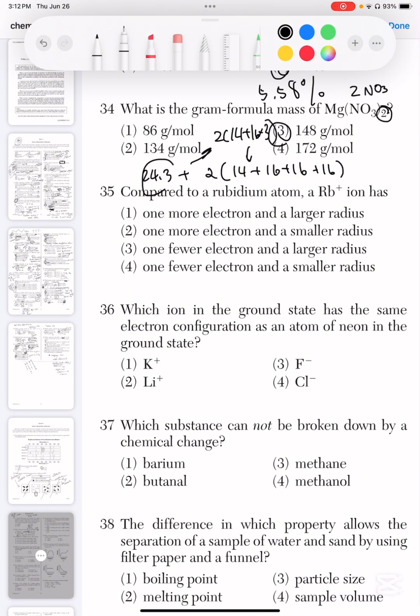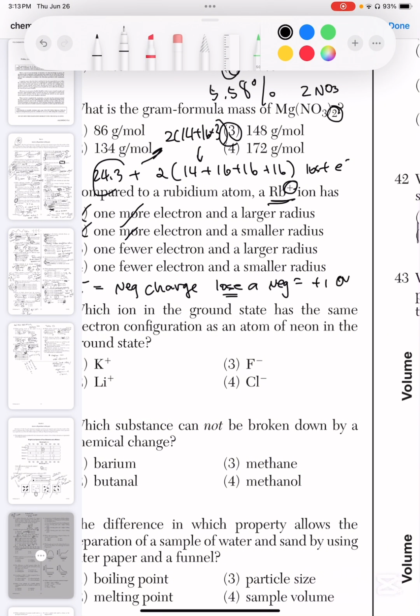Compared to rubidium, the Rb+ ion is a positive ion, which means that it lost an electron. So 1 and 2 are wrong. It's a positive ion because electrons are negative charge, so if you lose a negative, you get +1 overall.